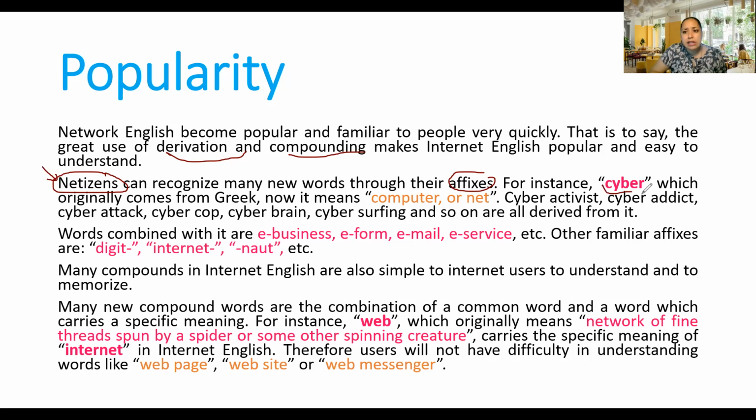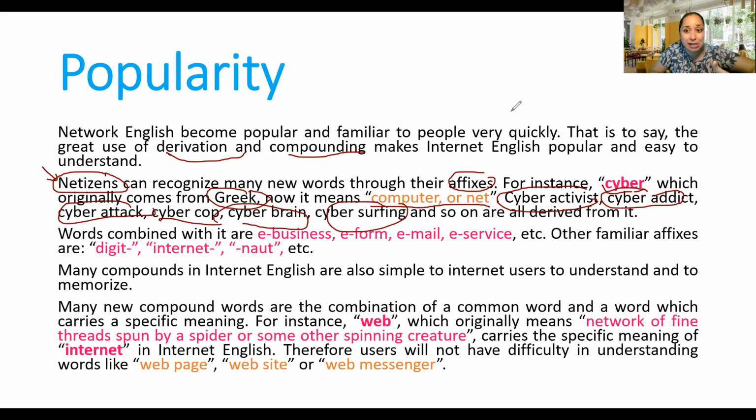So for instance, cyber, we talked about this word before. It originally comes from Greek. So the actual meaning of the word is about computer or net. But now it has derived different words and it has compounded so many different words like cyber activist or cyber activism, cyber addict, cyber attack, cyber cop, cyber brain, cyber surfing, and so on.